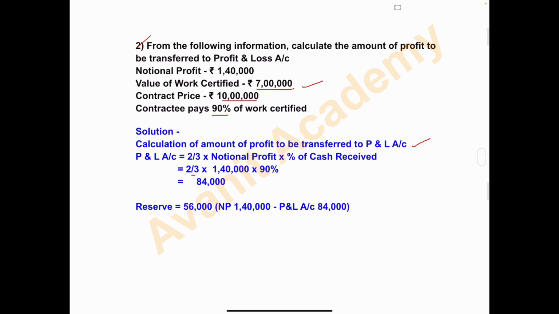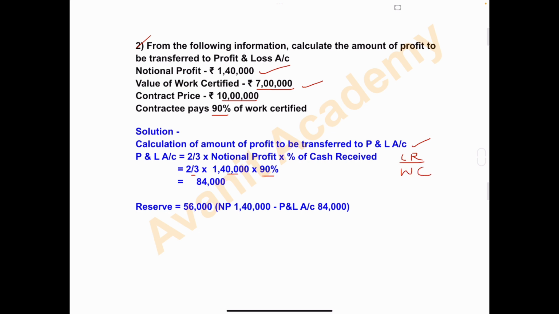2/3, the same we will write here, notional profit. Notional profit is 1,40,000. Right, here 1,40,000. Percentage of cash received is 90%. In place of percentage of cash received, you can write cash received divided by work certified.